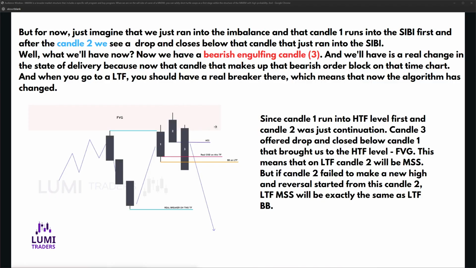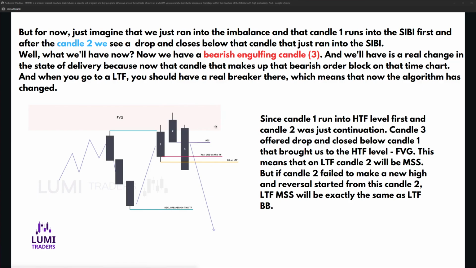Once again, it can be fair value gap, order block, breaker block, any other PD arrays that you know. And candle number 2 was just continuation of move of this first candle. Candle number 3 offered drop and closure below candle number 1. Once again, that brought us to this fair value gap.